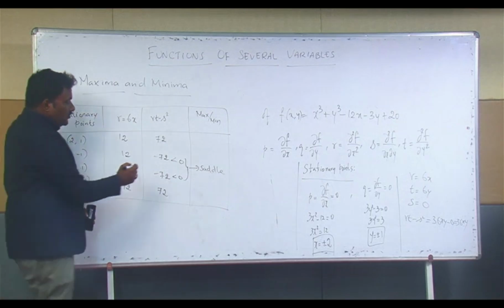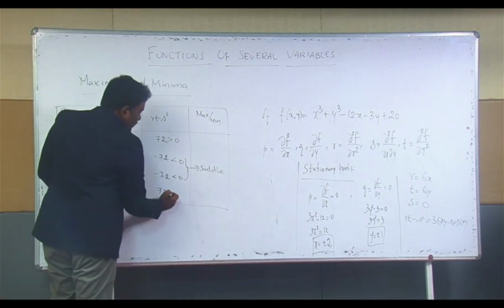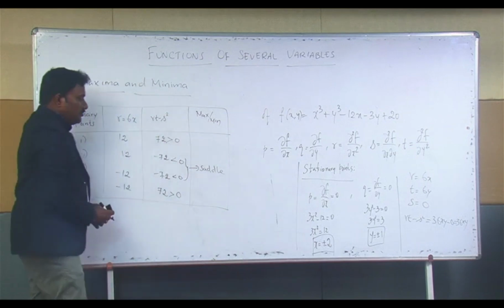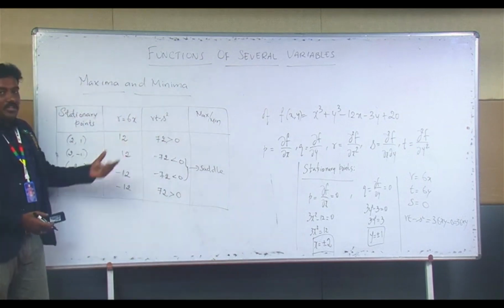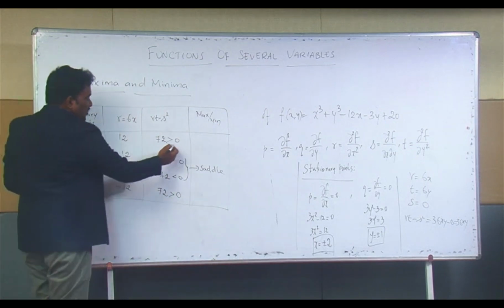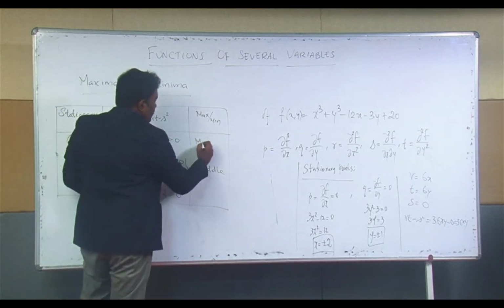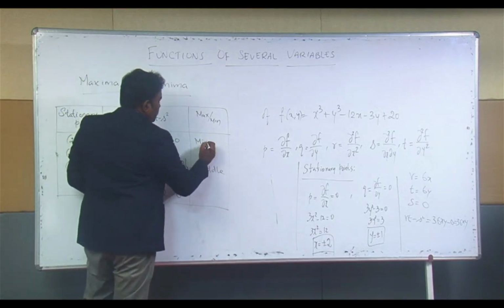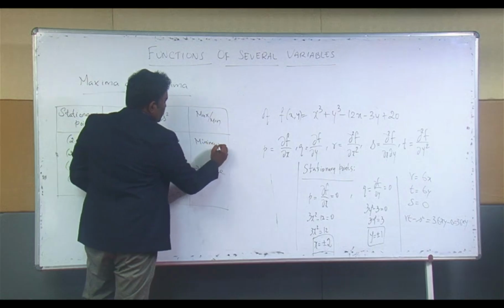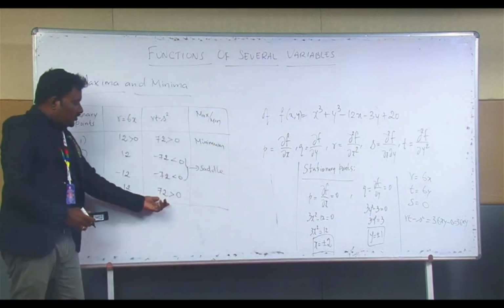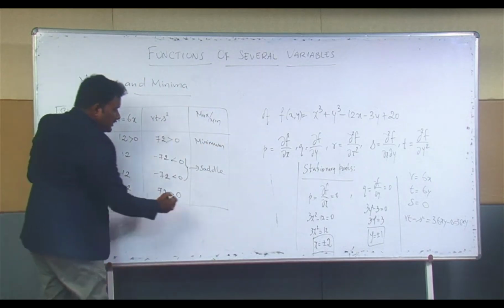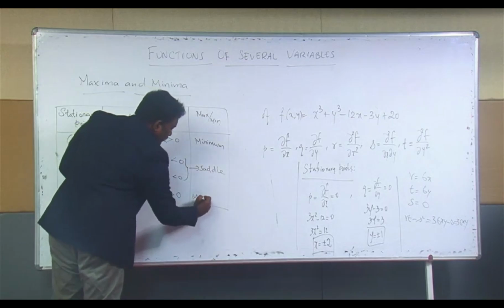Whenever it is greater than 0, we can decide whether it is minimum or maximum, depending on the r value. If it is greater than 0 and r is also greater than 0, then this is called a minimum. And whenever this is positive and r is negative, it is called a maximum.